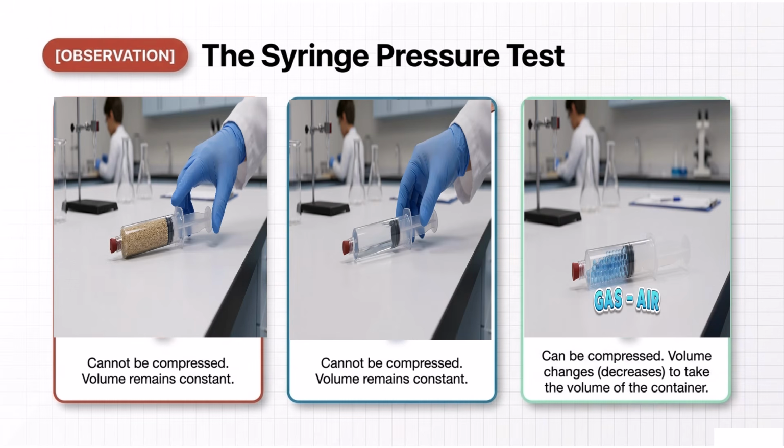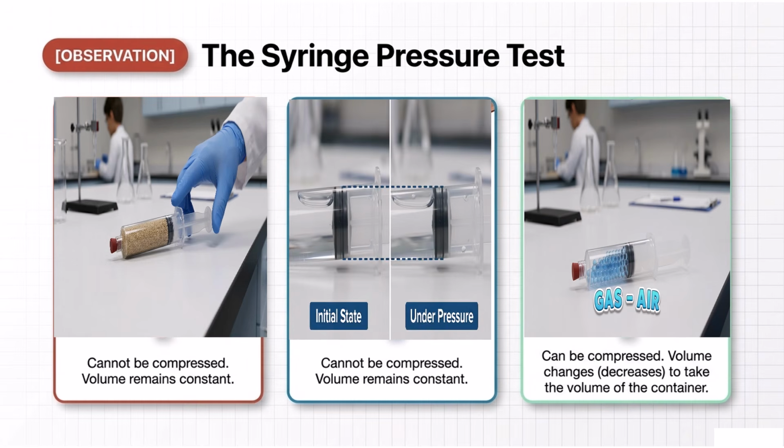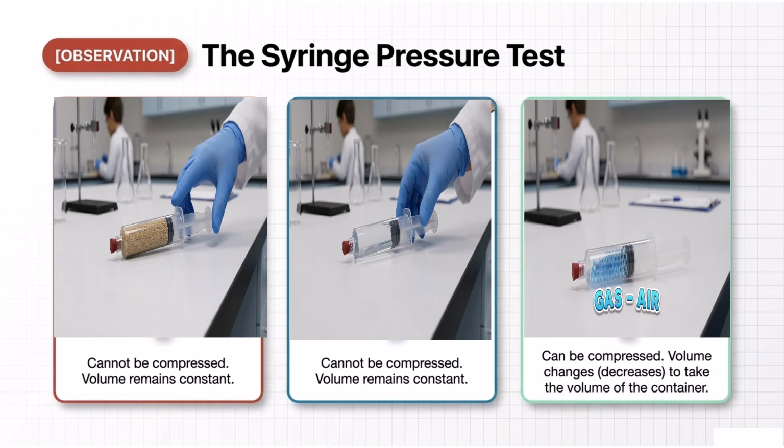Let's see the liquid. This syringe contains water. When we press the piston, water cannot be compressed. Here also the water can't be compressed, so the volume remains constant.